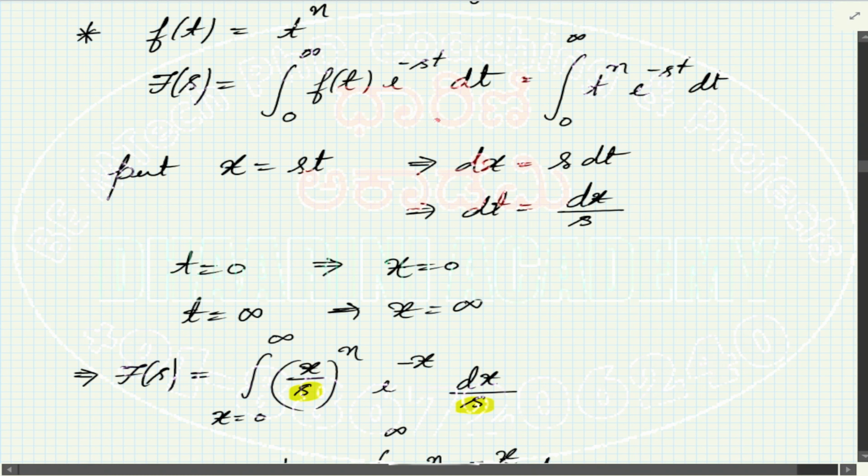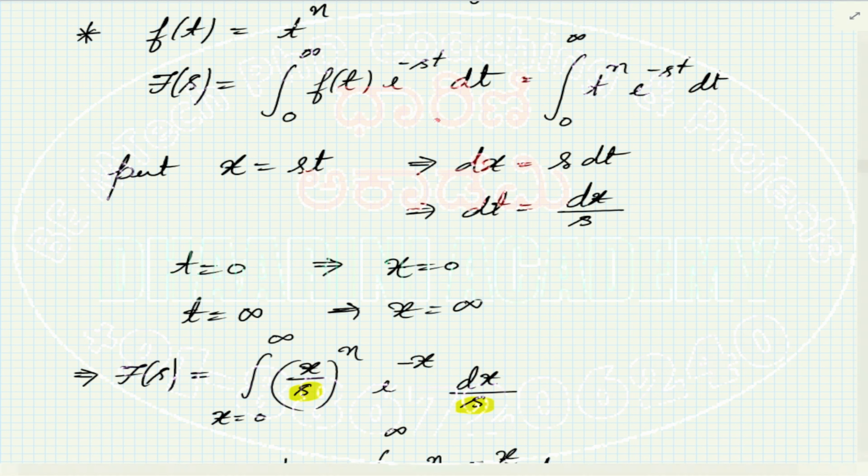So we go for a method called substitution. Put x equal to st. So e to the power becomes e to the minus x. So dx becomes s into dt. So I have a dt to be substituted in the equation, so dx by s. Every term in the equation should be represented in terms of the substitution you're going to make.